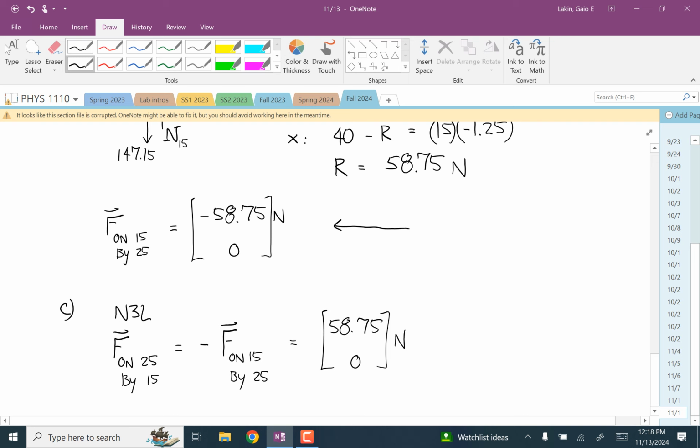The force on the 15 by the 25 is this way at 58.75. And the force on the 25 by the 15 is, it's a little crooked, this way with the same magnitude. That's what Newton's third law says has to be true. Any questions about that one?